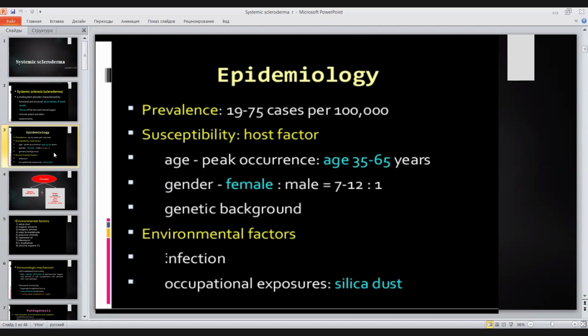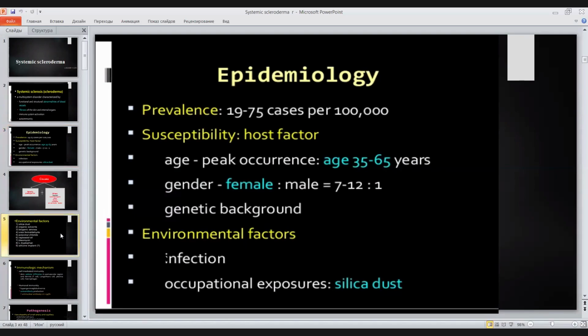Due to persistent viral infection, there will be changes and damage of the small blood vessels, and that's why there might be activation of immune cells. And one big trigger factor you should know about is the occupational factor. Mainly this disease affects a person who works in factories with chemical agents, mainly a high percentage of silica dust.